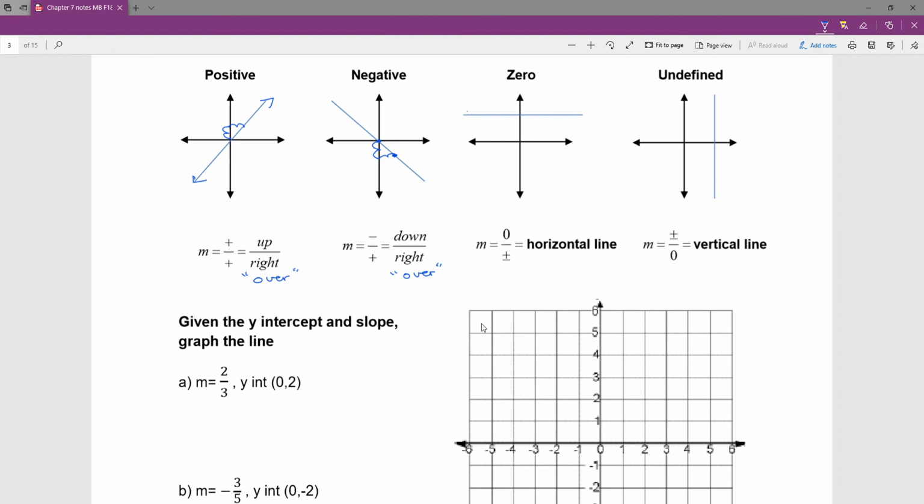These 0 and undefined are the oddballs. In these ones, the slope of this is 0 and the slope of this is undefined. I like going the distance on this. There is a y-intercept here, and there is no y-intercept here. The other thing is the general format of these. It's that y equals something.